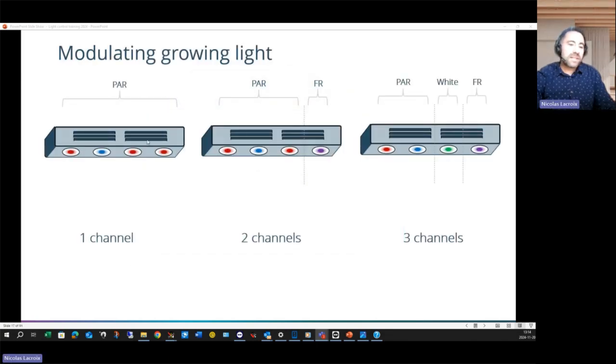These days we have LEDs with one channel, most likely the 400 to 700 wavelength. Then you have two channels, one for the PAR, one for the far red. You can also have multiple channels with separate colors like PAR, white, far red. You can have more than 3 channels as well. In the Priva control, we can control up to 7 channels per light system now.